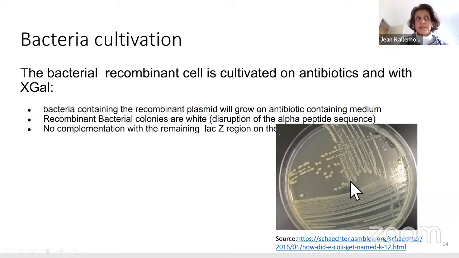So if they grow on antibiotics, and if they are white, this means that the sequence that has been inserted has disrupted the alpha peptide sequence, and therefore there is no complementation with the remaining chromosomal DNA, and therefore the X-gal cannot be cleaved into galactose. Okay, so therefore there will not be a blue precipitate.